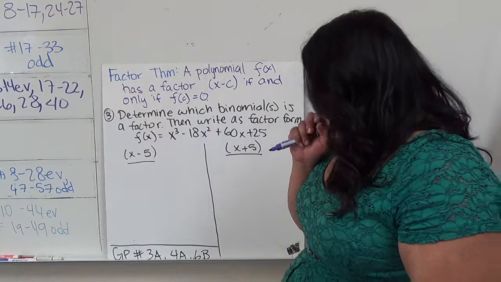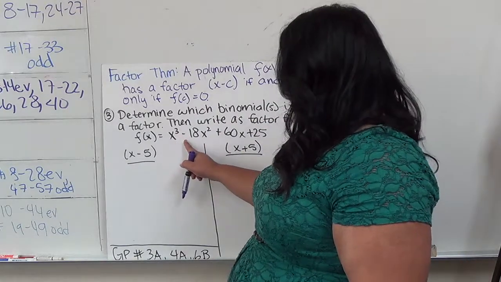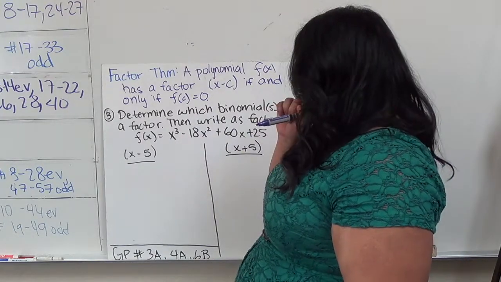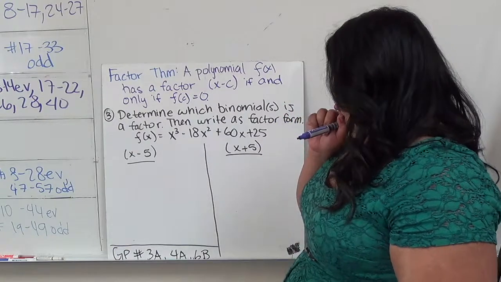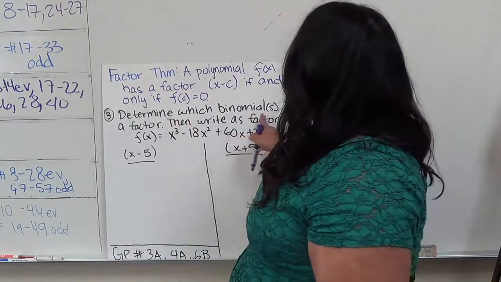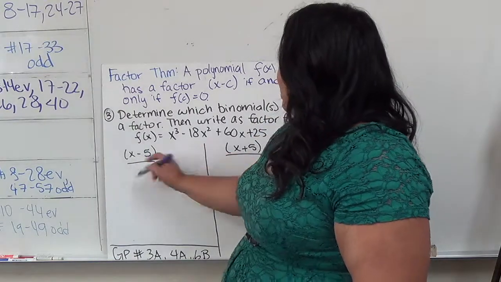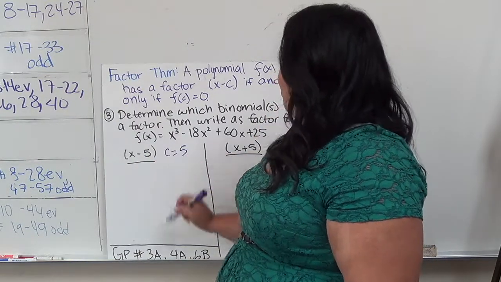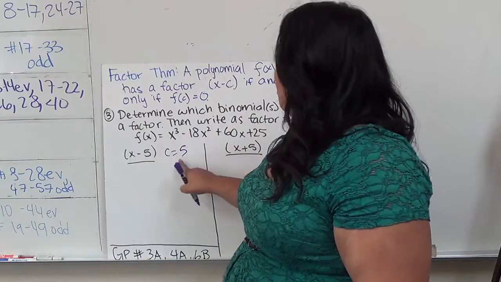So what that means is, if I do x cubed minus 18x squared plus 60x plus 25, determine which one is a factor. So this one is, my c would equal 5, right? If it was positive, it would be negative 5.